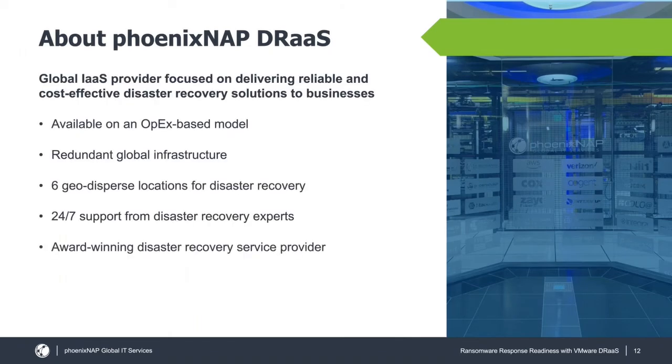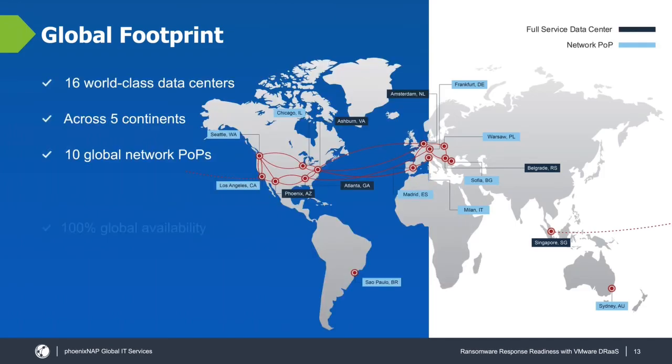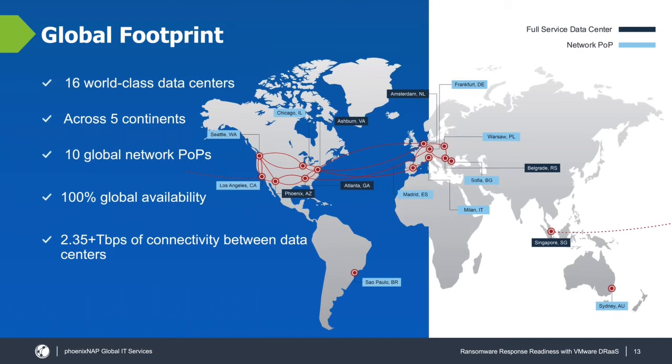That's the eyeball slide my marketing team put in there. But for those of you that are wondering, where are we at? Where can these services be consumed? This is a snapshot of our deployment today. We're growing so fast, and we're building a lot of new capabilities that are allowing customers, specifically you guys in the VMware ecosystem, a very compatible environment to the environment that we're building in our data centers, with the same OpEx cloud consumption, pay as you consume models that the hyperscalers offer.